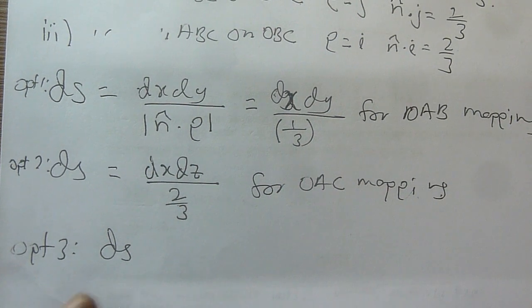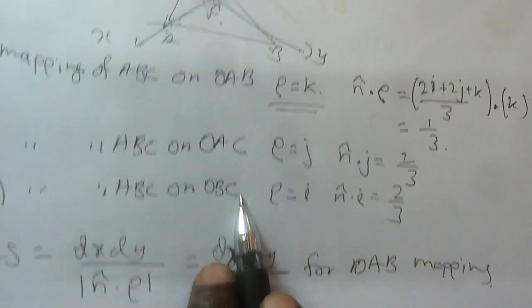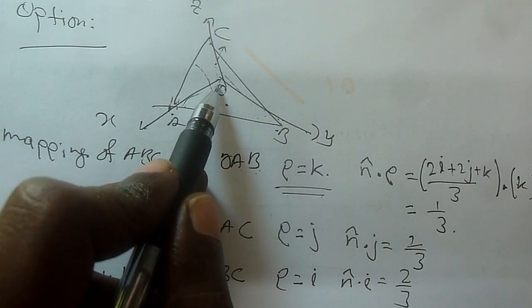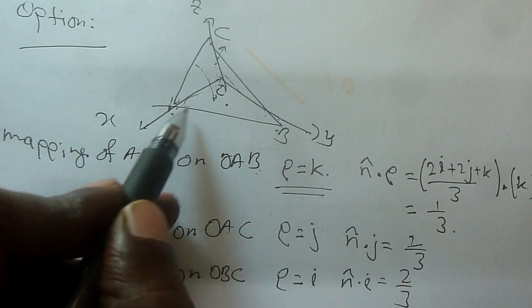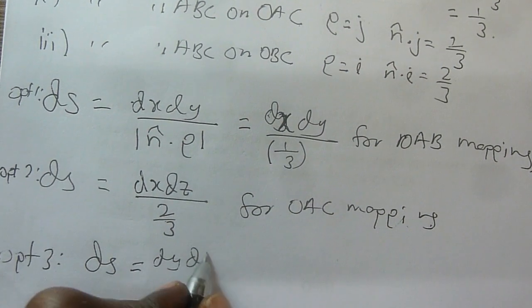Okay, now DS for this here. Okay, for the option number OBC. OBC. What is it? OBC. Mapping here. DY DZ.